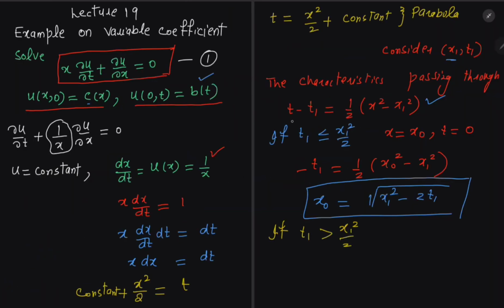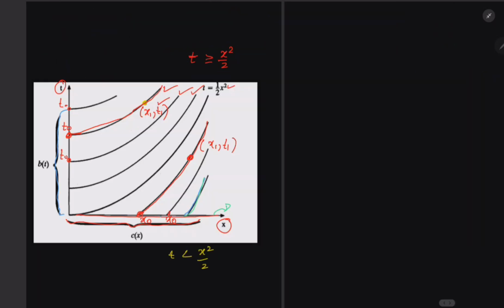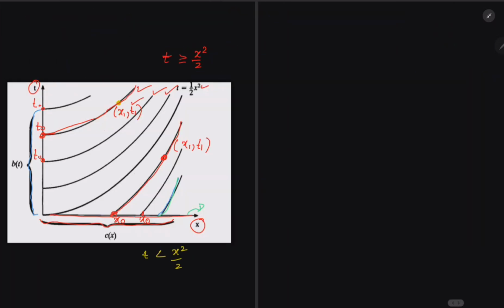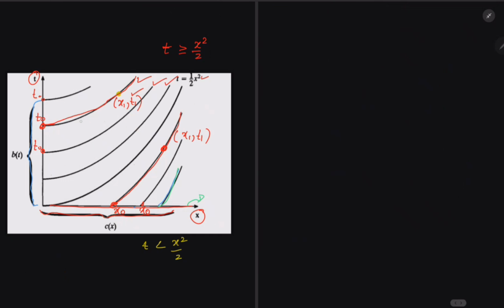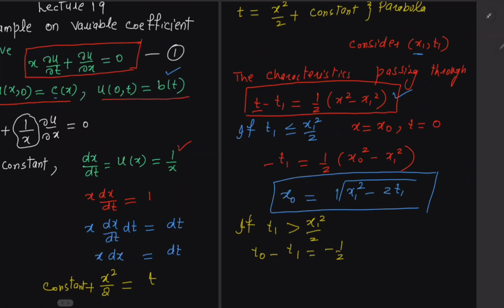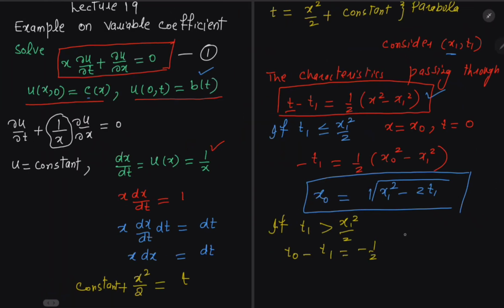So we replace this equation with t equal to t naught. This becomes t is equal to t naught minus t1 minus half x1 squared, since x is equal to 0 on the t-axis.